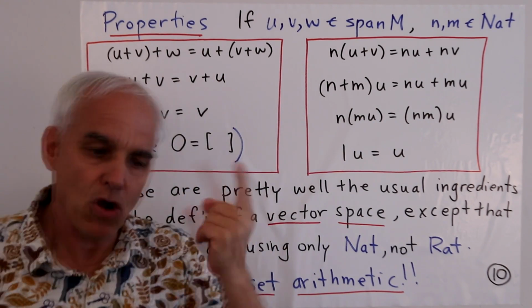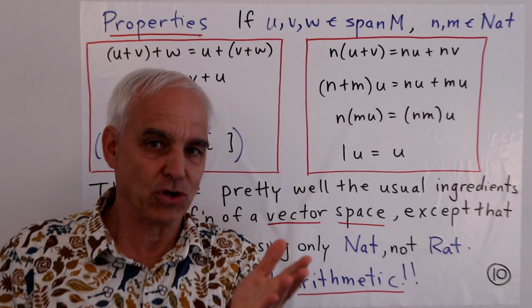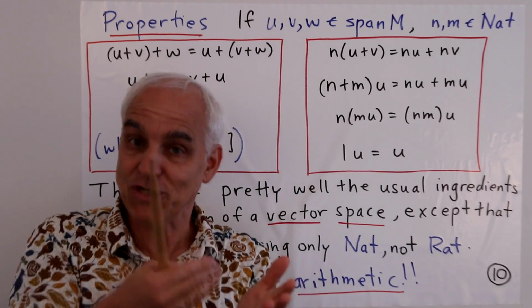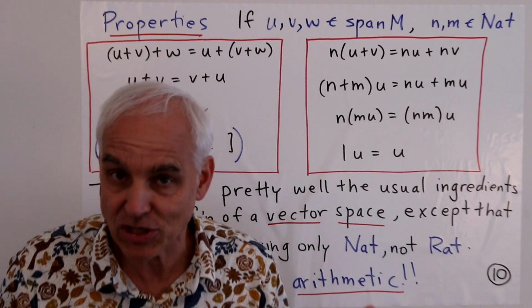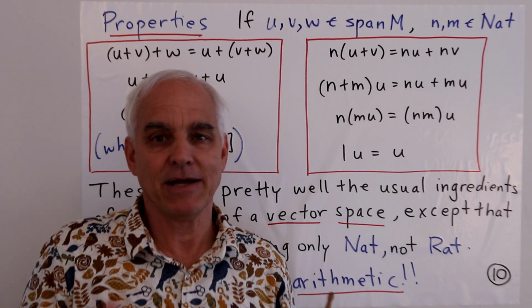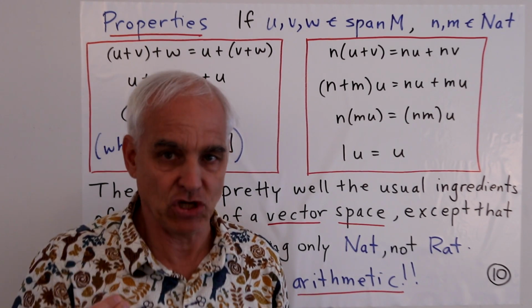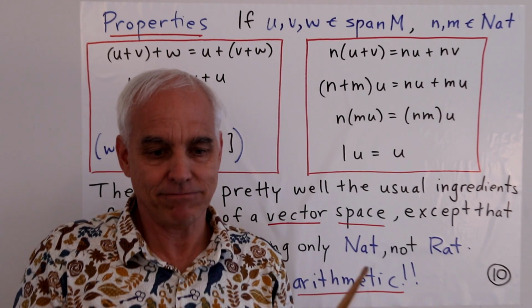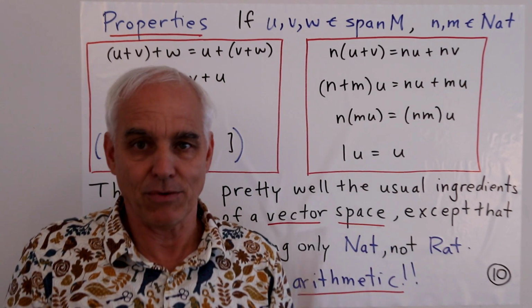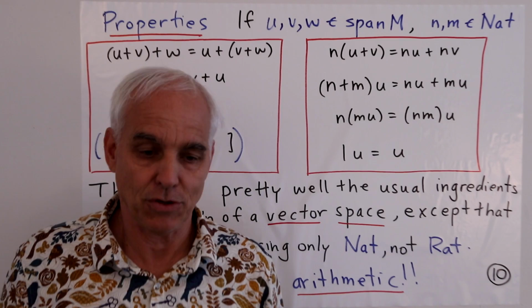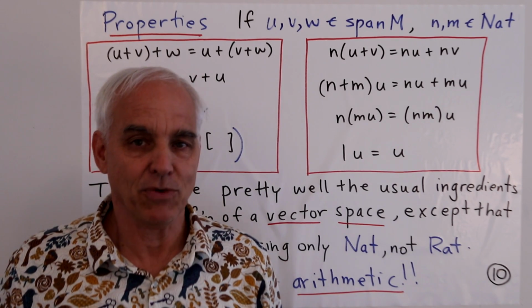Okay, so when we go from natural numbers to integers as coefficients of our linear combinations, then things become much simpler and more manageable, sort of conceptually or theoretically. So there's big advantages that we'll see next time.